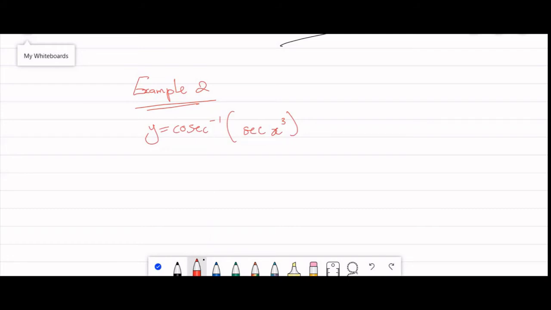So the best way to do it is to remember the basics: sine x has the identity of 1 over cosec x, and cos x has the identity of 1 over sec x.